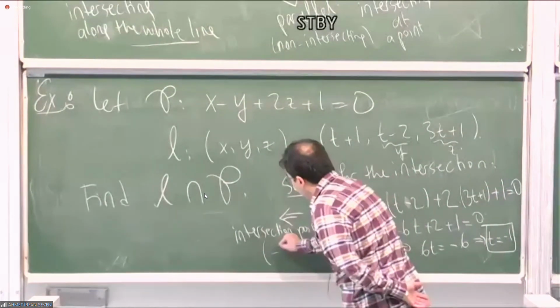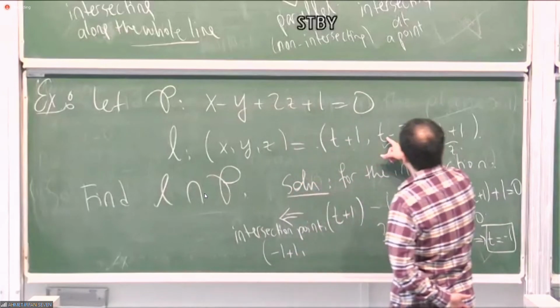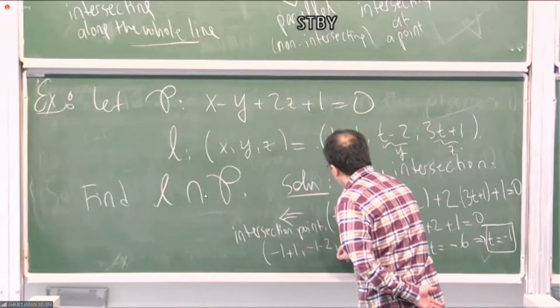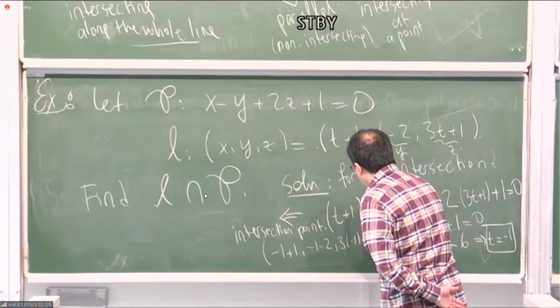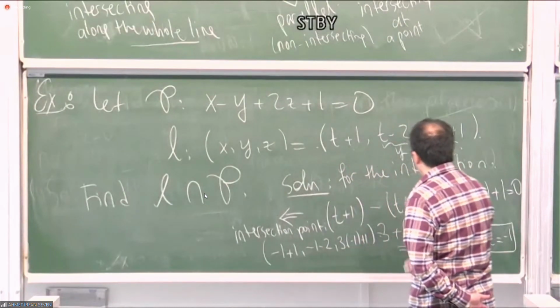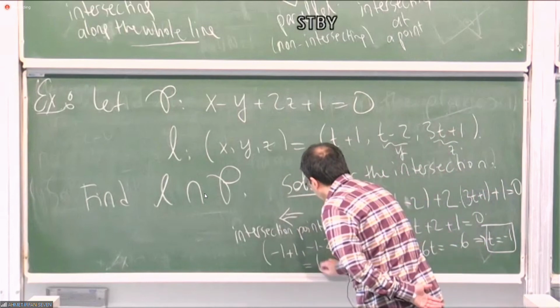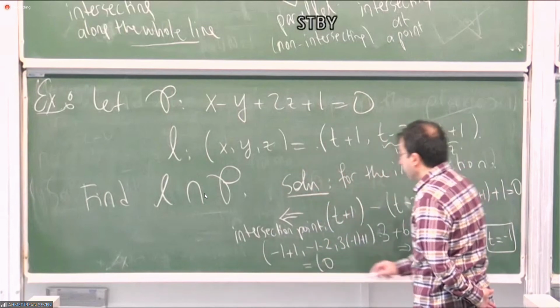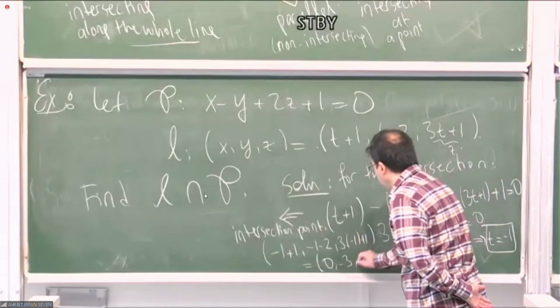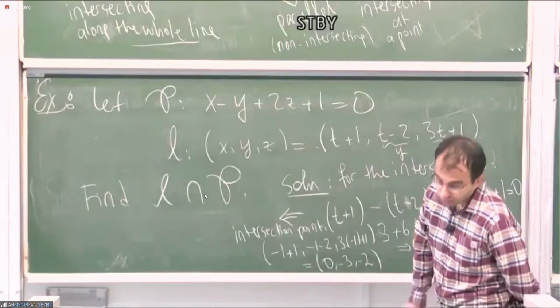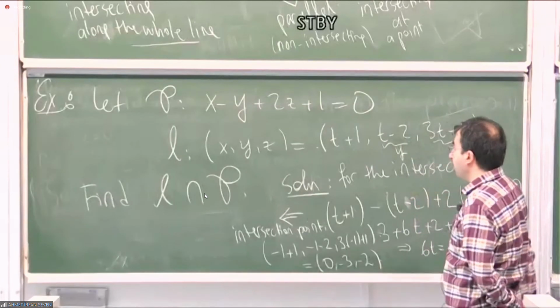So -1 plus 1, -1 minus 2, 3 times -1 plus 1. Okay, so it will be 0, -3, and then -3 plus 1, -2. So it is 0, -3, -2.